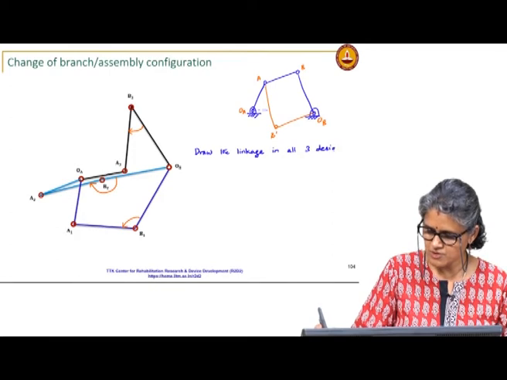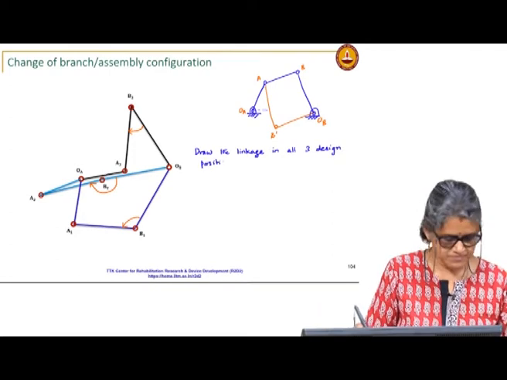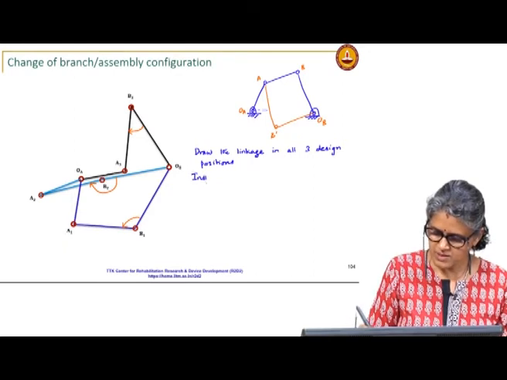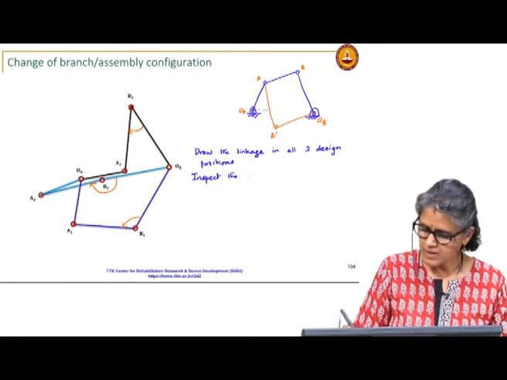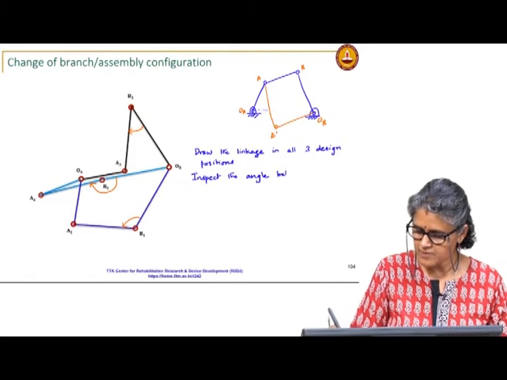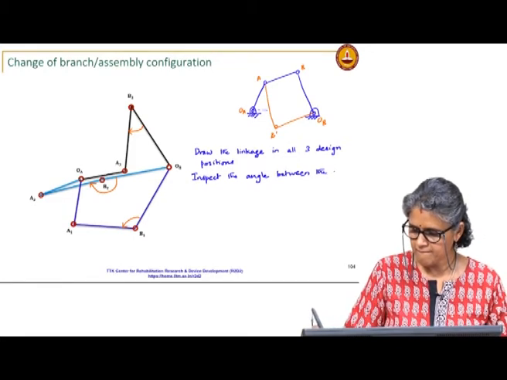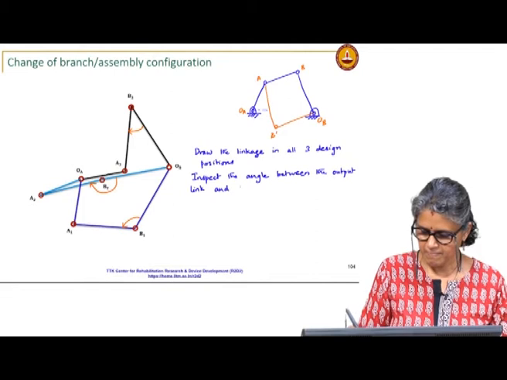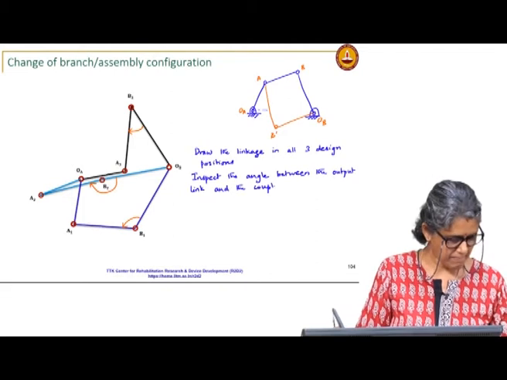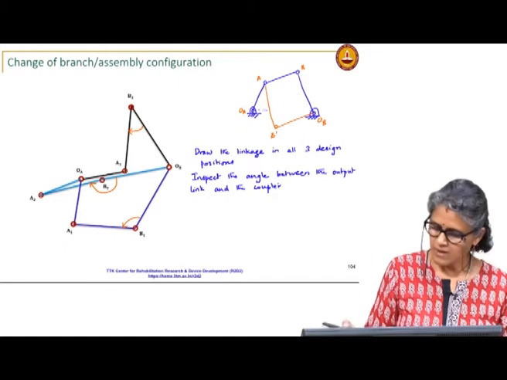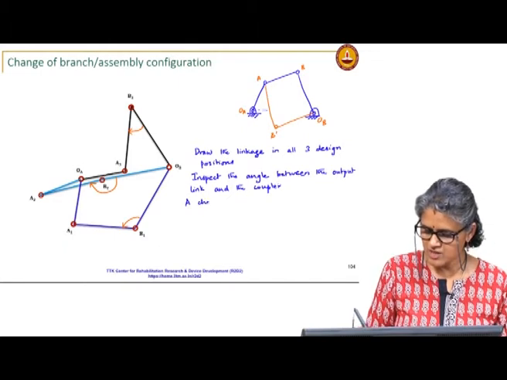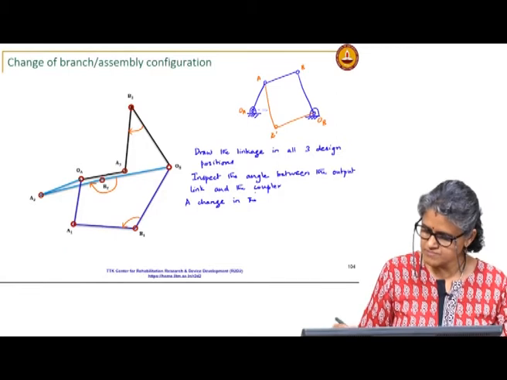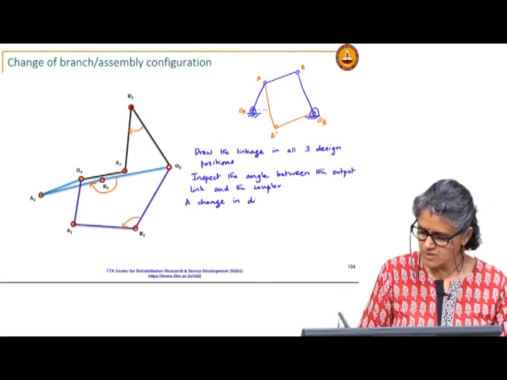What we did here was draw the linkage in all 3 design positions. Inspect the angle between the output link and the coupler for a change in direction.